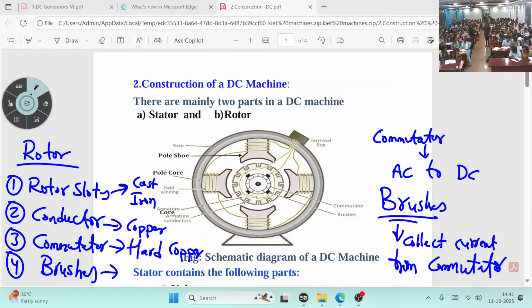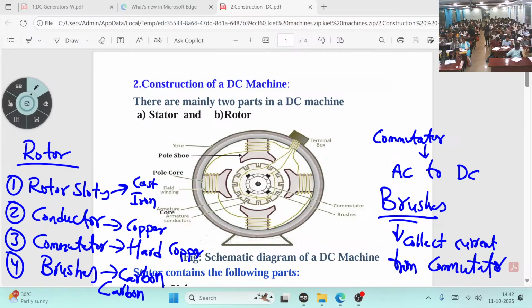The brushes are made of carbon. So the rotor can be divided into these four different parts, with their use and material.